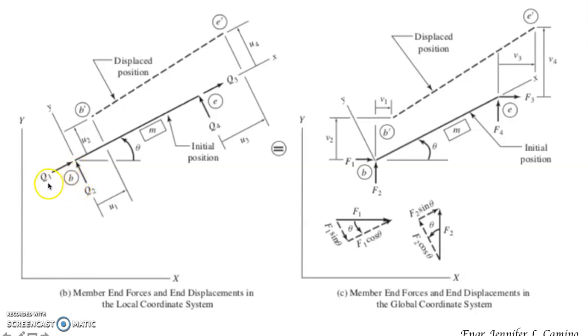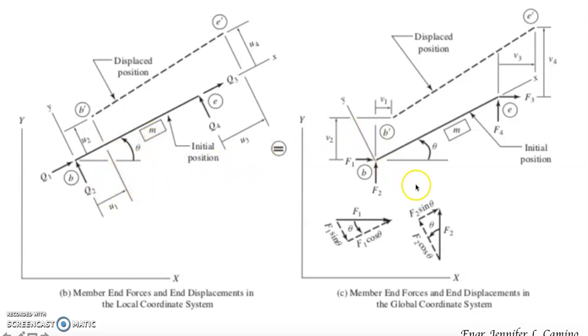It is denoted by Q. And of course, we have also illustrated our member end displacement in the local coordinate system. If you observe, the position of the member end forces and the position of the member end displacement is parallel with the position of our local coordinate system. So we have now established our member end forces in the local coordinate system in our plane truss.